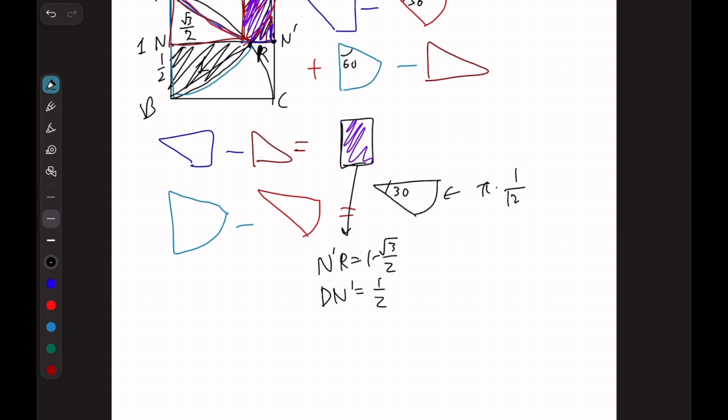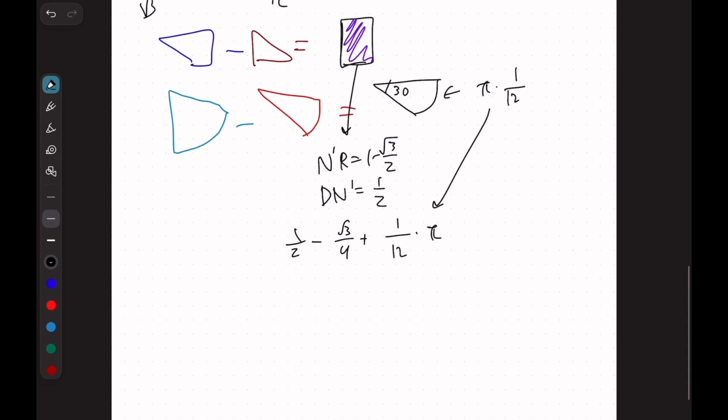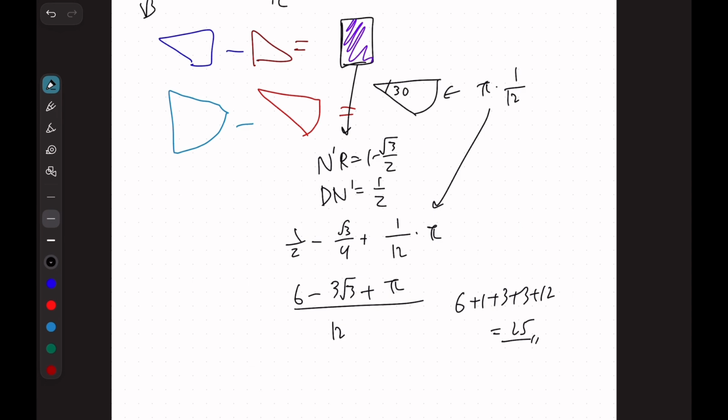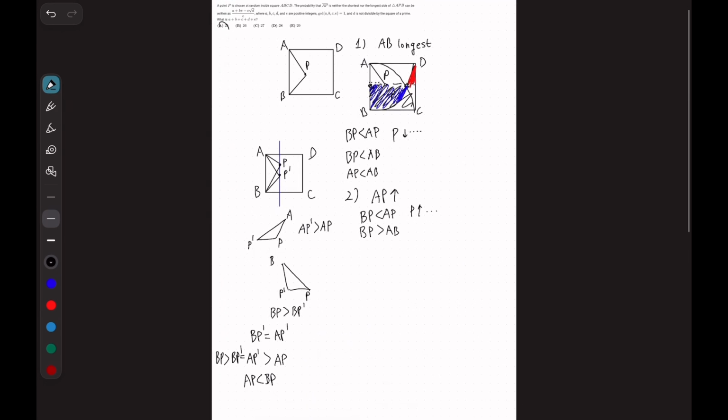So the area of the purple part is 1 over 2 minus 4 over 3, and add this, 1 over 12 times pi. And this is the answer. So the answer is 6 plus 1 plus 3 plus 3 plus 12, which is equal to 25. So the answer is A.